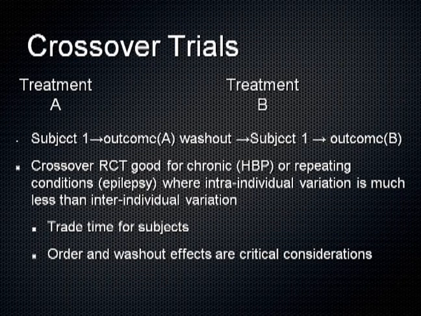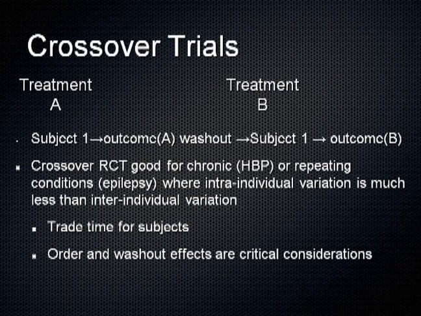And here's a crossover trial. Treatment A is given to subject 1. You get outcome A. Then there's a washout period in which all of the effects of the treatment have presumably disappeared and we're back to square one. Then subject 1 gets treatment B. We get outcome B. Crossover RCT is good for a chronic condition like hypertension or repeating conditions like epilepsy, where intra-individual variation is much less than inter-individual variation.